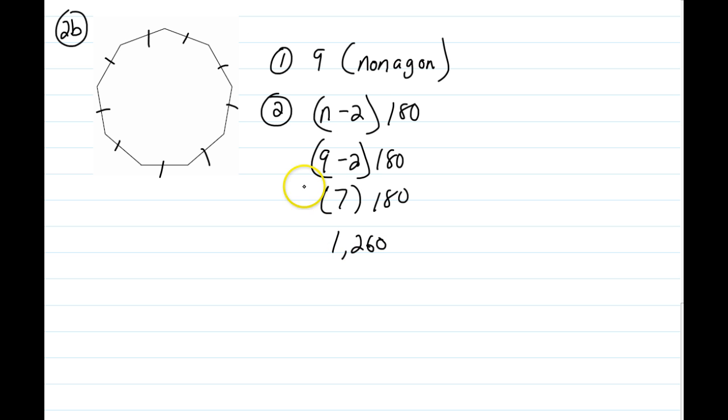Okay, so all this work right here is step 3. And then step 4, on your calculator, do 1260. Here the key is you've got to make sure you divide it by the number of sides, 9. So we're going to divide that by 9, and so we get 140 degrees.